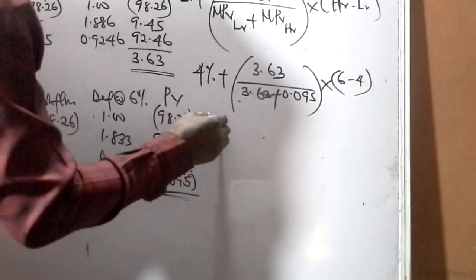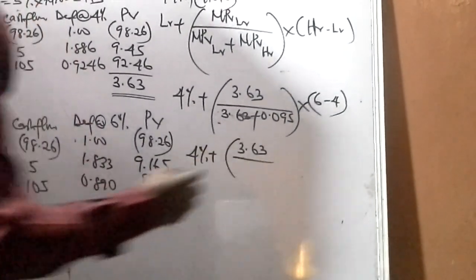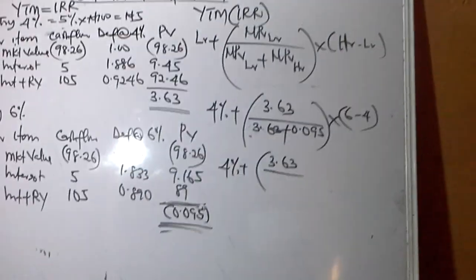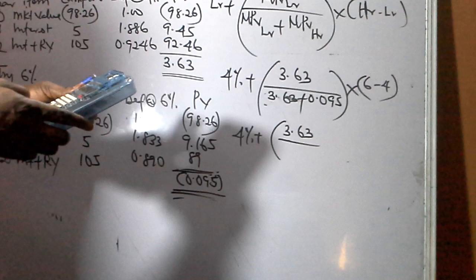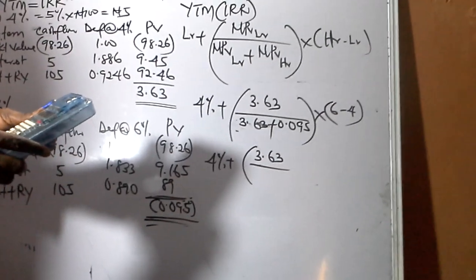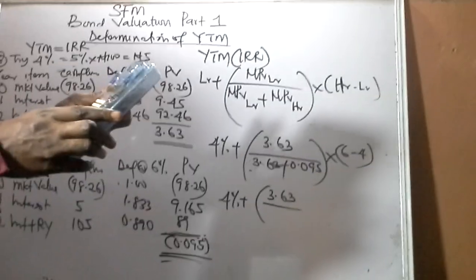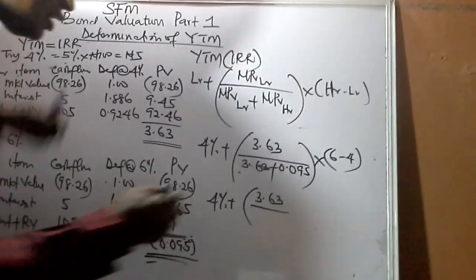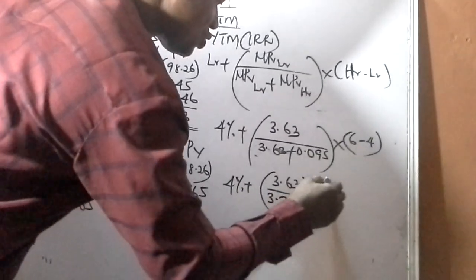Then you have 4% plus 3.63 over 3.63 plus 0.095, you have 3.725, into 2.